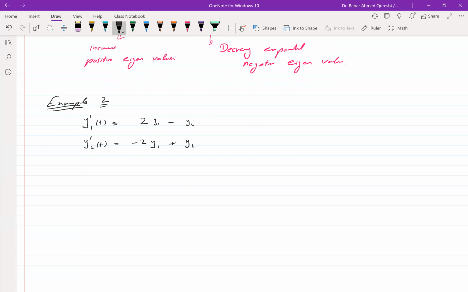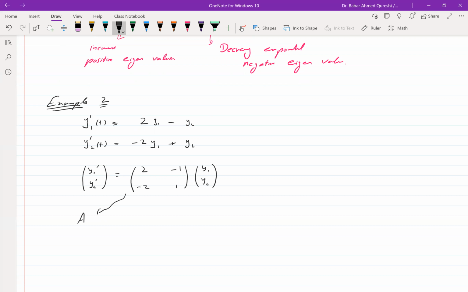Then I have the matrix [[2, -1], [-2, 1]], and it is this matrix which is A. Now for this matrix, I want to find eigenvalues.